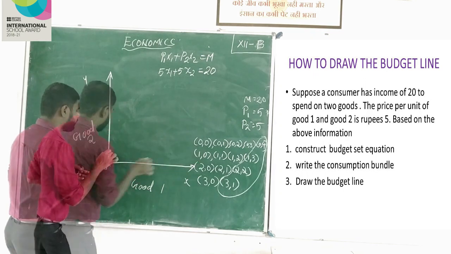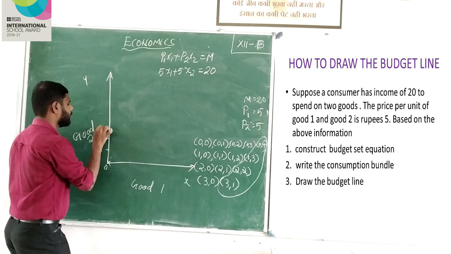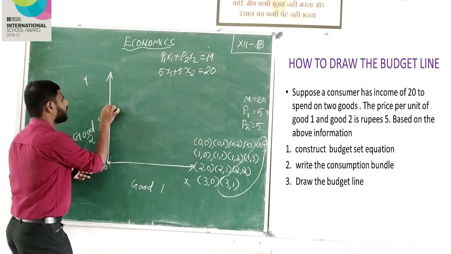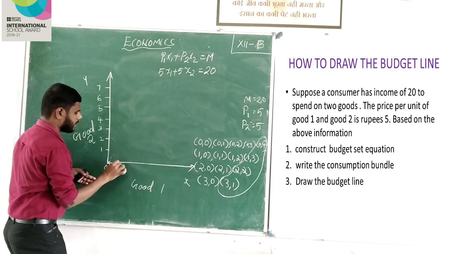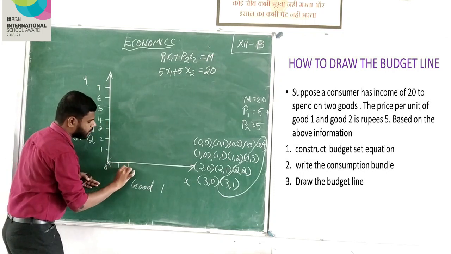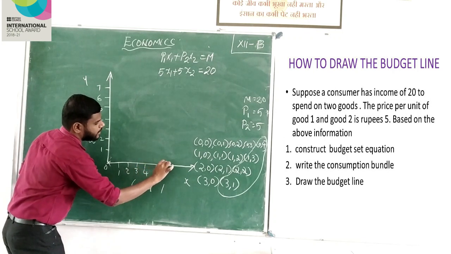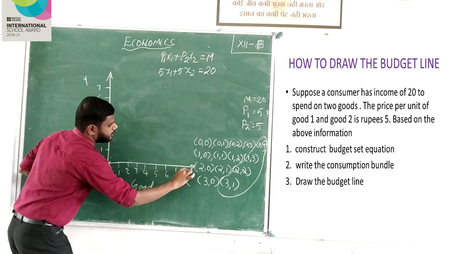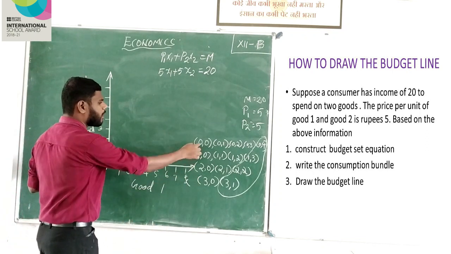First we mark 1, 2, 3, 4, 5, 6, 7 like that, and here 1, 2, 3, 4, 5, 6, 7, 8 and so on. Now we have to plot the values.